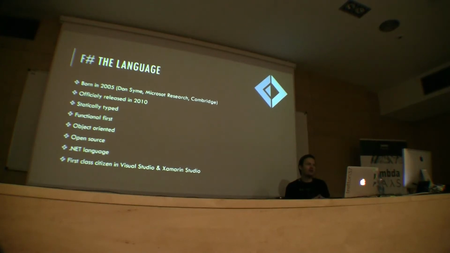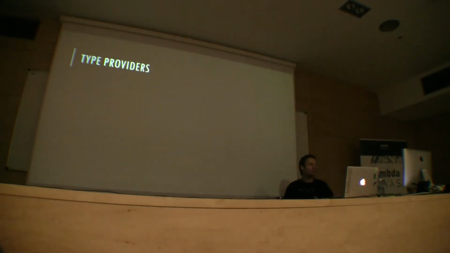It works very well on Mono. We had this question before at the conference. Actually, in my opinion, it has much better support in Xamarin Studio in terms of tooling, because Xamarin has much shorter release cycles, and they use what the community produces, and the F# community is very productive in terms of tooling and other stuff. So saying that it won't work on Mono is not really true.